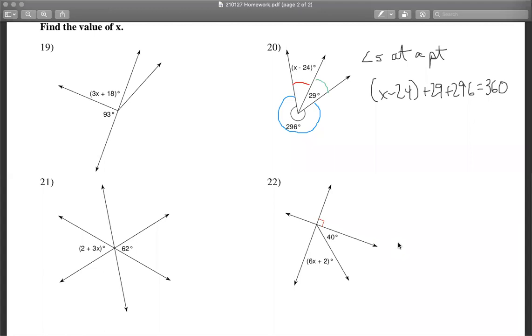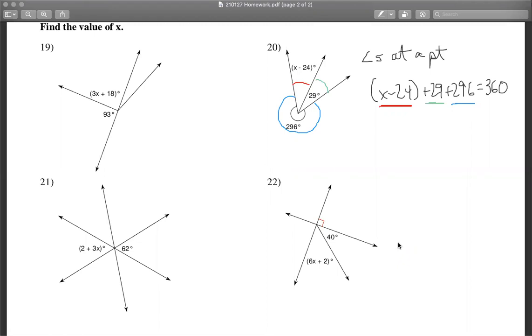So just to color code that one last time, this x minus 24 was my red angle, the 29 degrees was this green angle, and the 296 was this blue angle. So when I add those 3 together, because they all add up to a circle, I'm going to get that equation. All right, now I can just do the algebra and solve it.